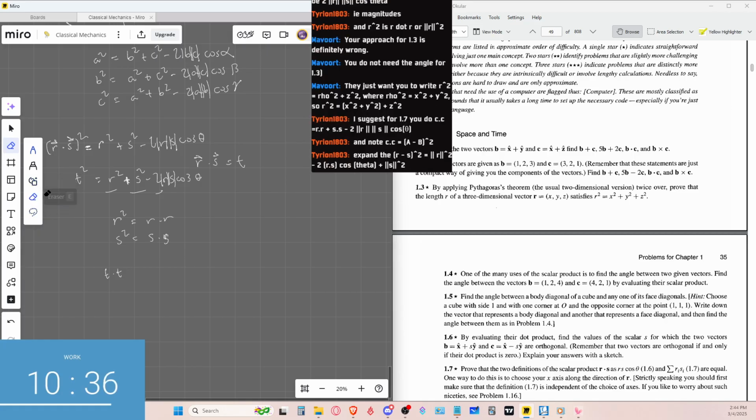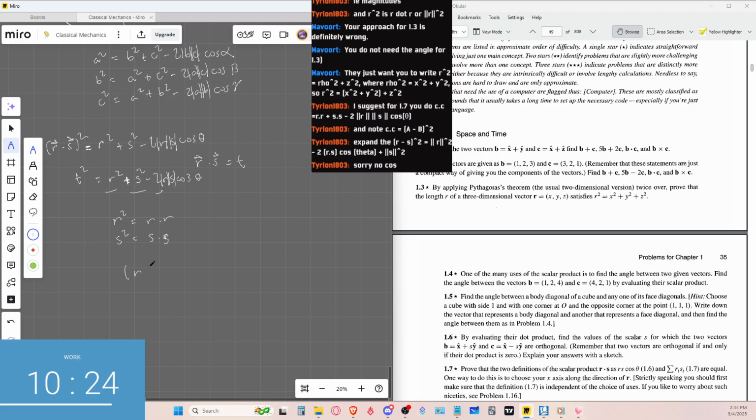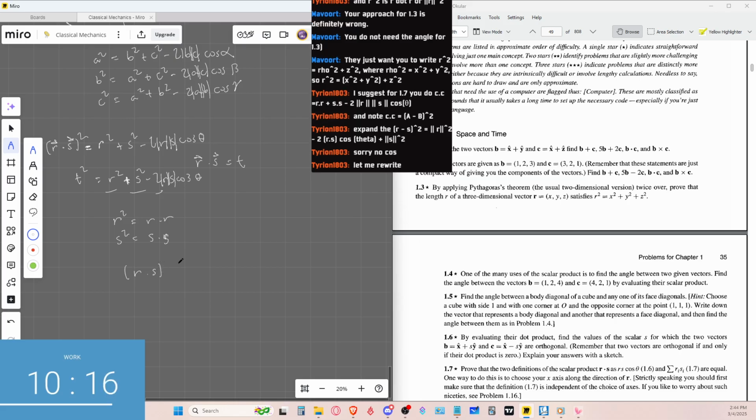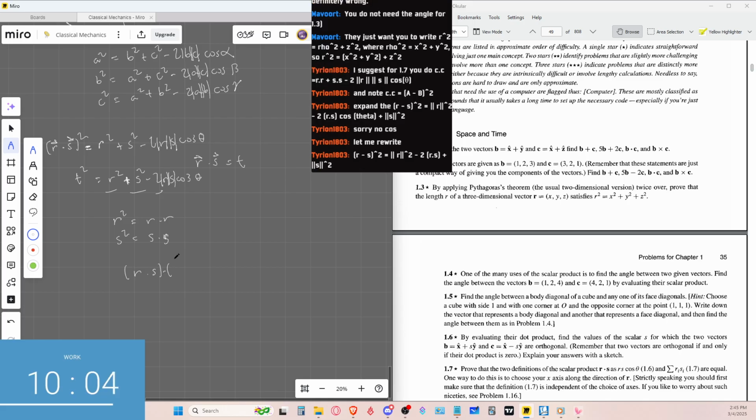So expand the r squared. Expand the r squared.